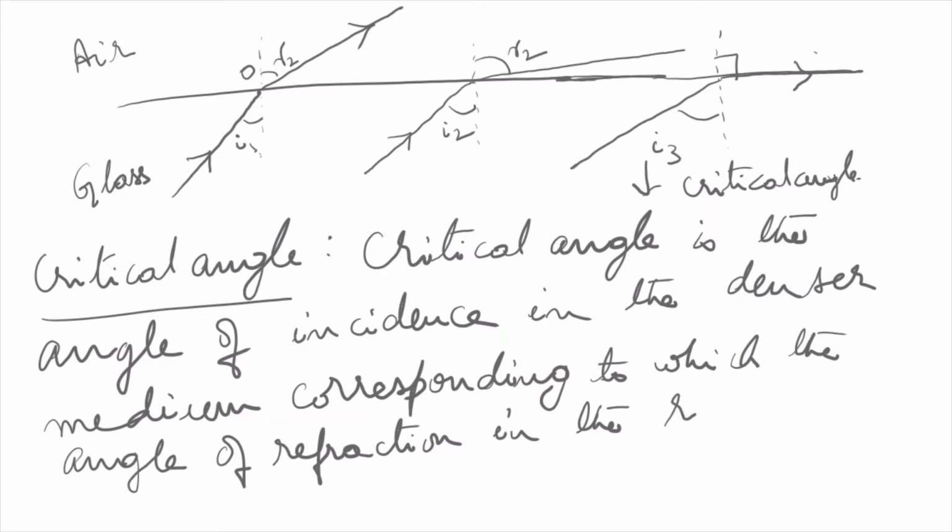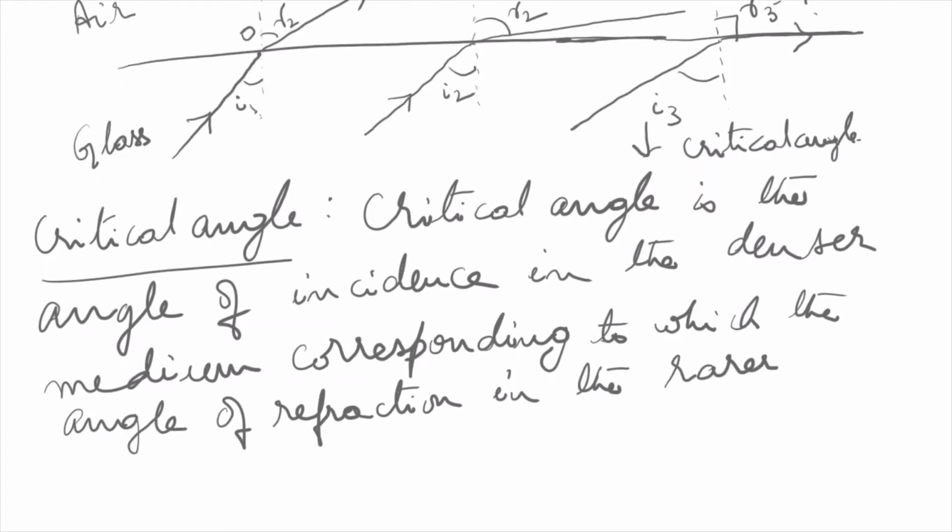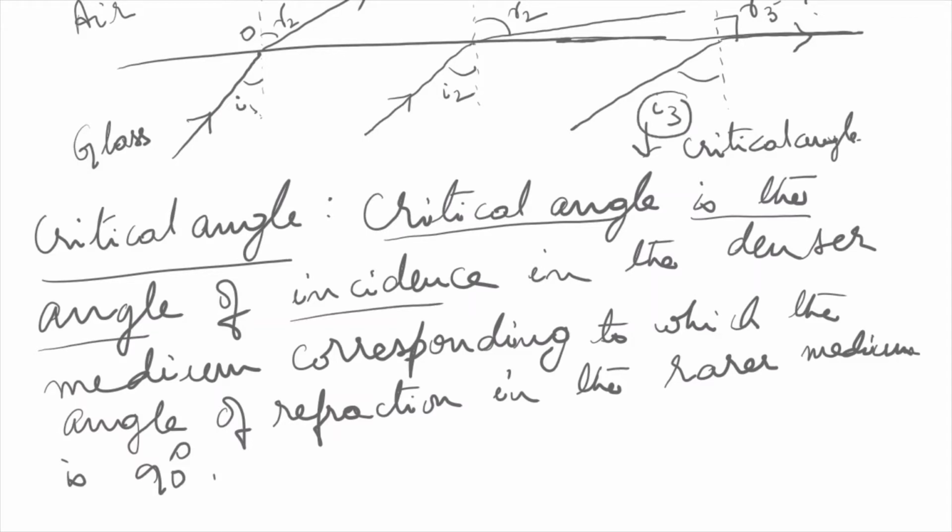This was in the rarer medium, right? This is angle R, which is R3, which is 90 degrees, isn't it? Corresponding to which the angle of refraction in the rarer medium is 90 degrees. So critical angle is the angle of incidence, that is this one, in the denser medium, glass, that is the denser medium.